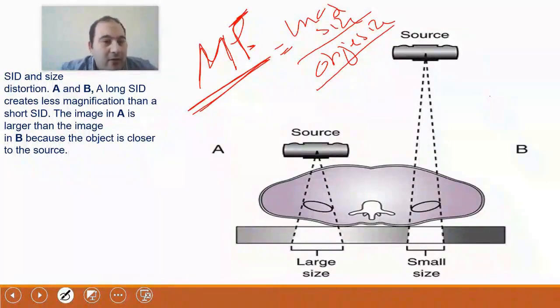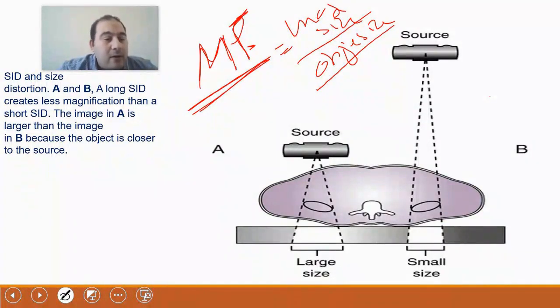When you bring the object very close to the image receptor, you reduce the magnification. By reducing this magnification, you maintain the resolution. When you perform this magnification, it increases the unsharpness or decreases the resolution and increases the blurring effect.